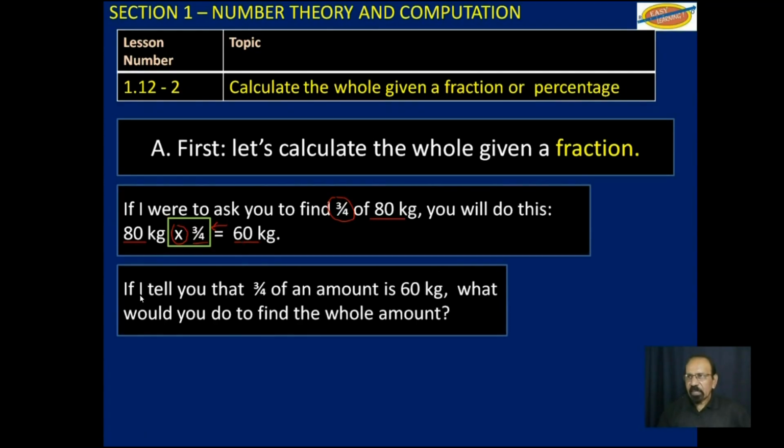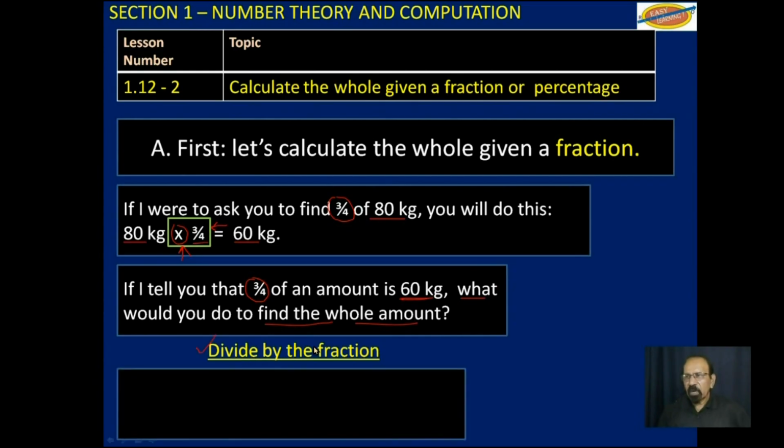Now, if I tell you that 3/4 of an amount is 60 kilograms, what would you do to find the whole amount? Well, think about it. Up here you are multiplying by the fraction. What do you think you should do now? Of course, divide by the fraction. So let's look at that same example in reverse.